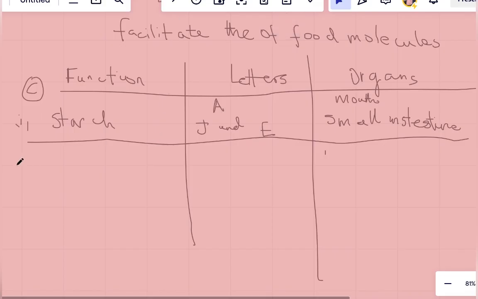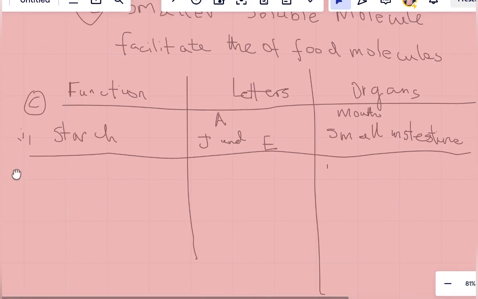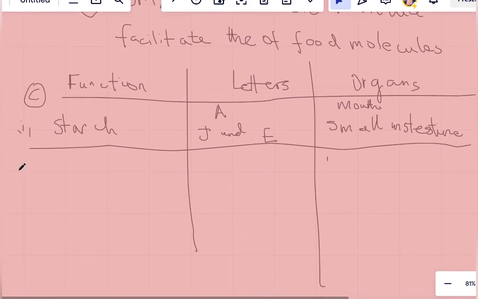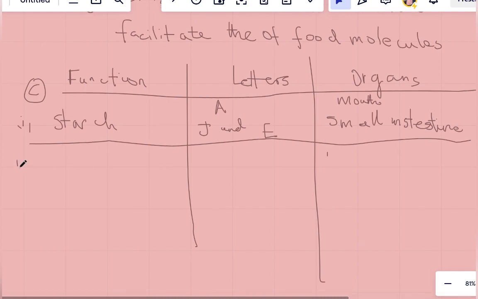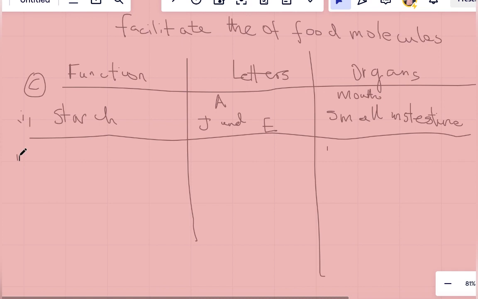So we say reabsorption of water. We just write only reabsorption of water.